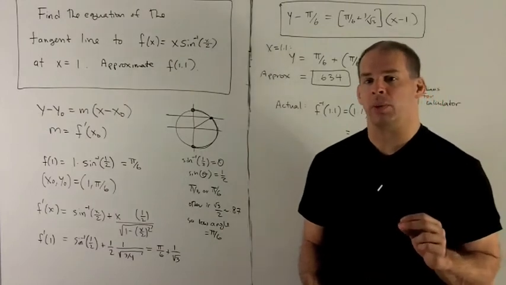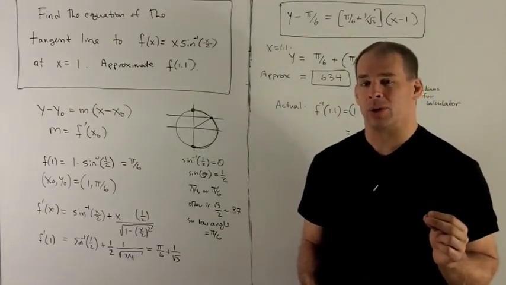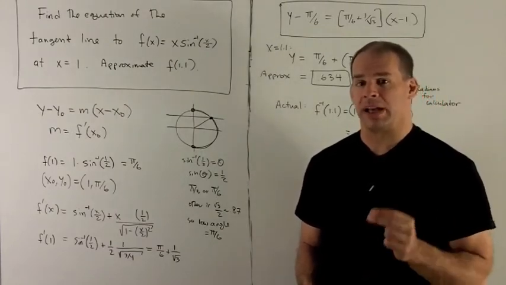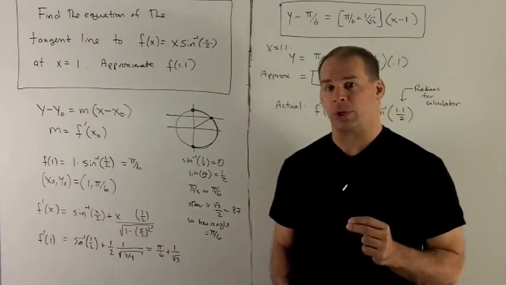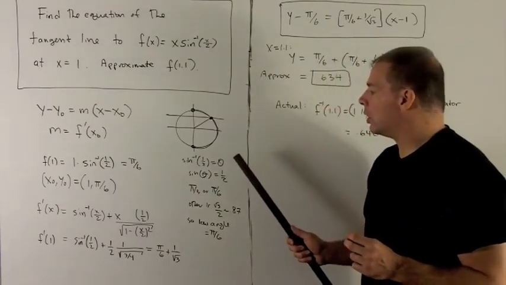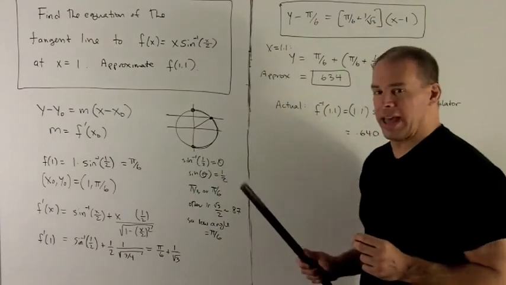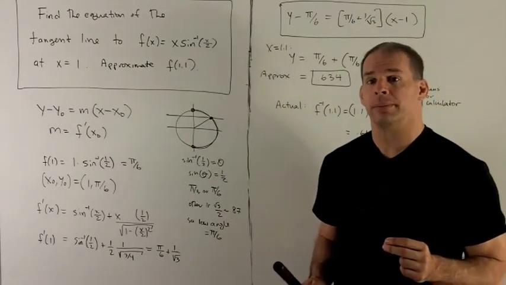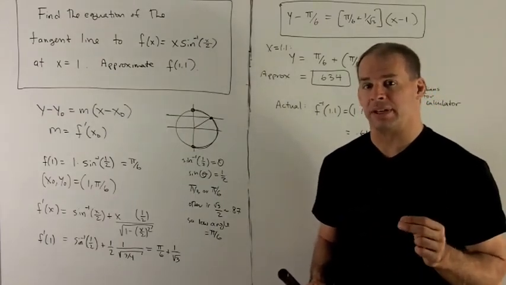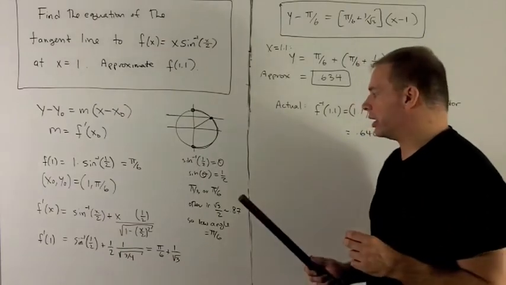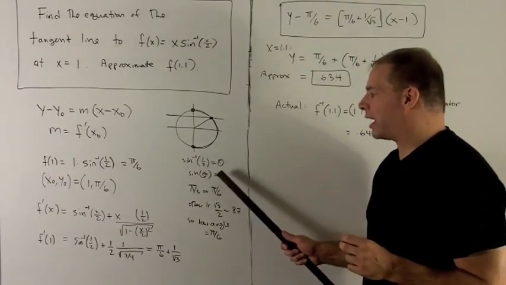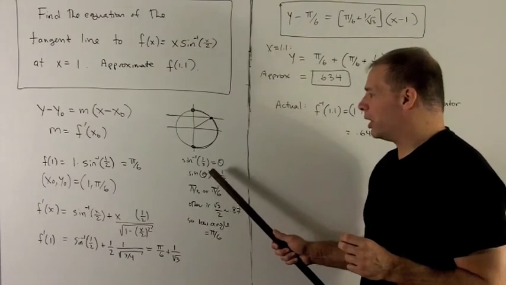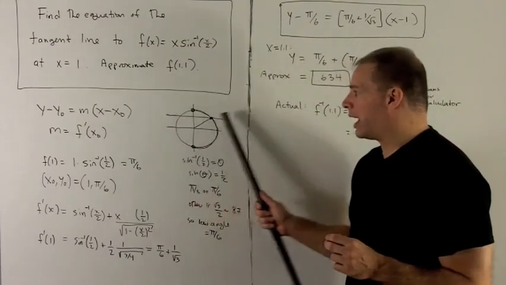Now, from trig, we know the 1/2 value goes with either pi thirds or pi sixths. So I just need to decide which one. Well, the other number that goes with 1/2 is square root of 3 over 2. That's roughly 0.87. So what we're looking at here is sine represents y values in the unit circle. So I have y equal to 1/2.